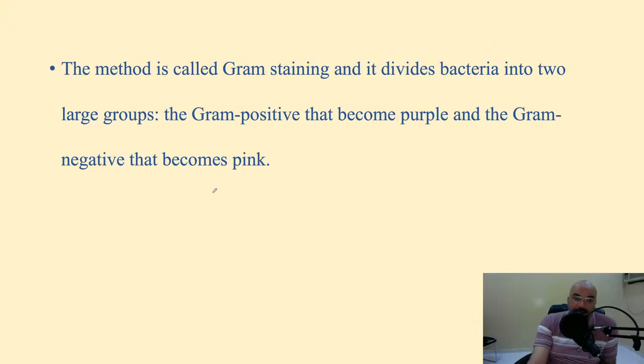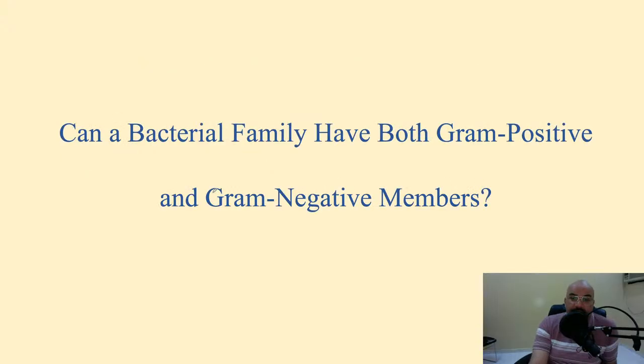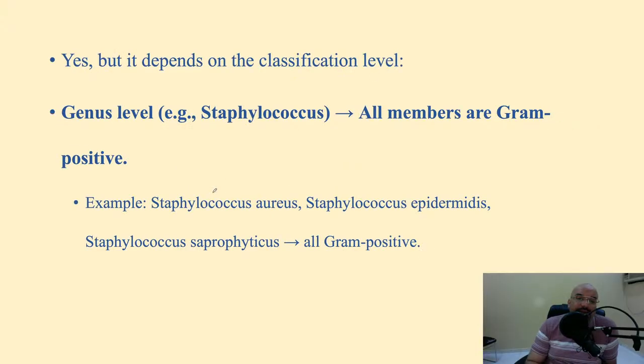Now, there are frequent questions that come to us from people working in hospitals and dealing with patients with infection: can bacteria be both gram-positive and gram-negative? We just said that all Staphylococcus is gram-positive. Is there a kind of bacteria where the same species can be either gram-positive or gram-negative? Yes, but under strict conditions.